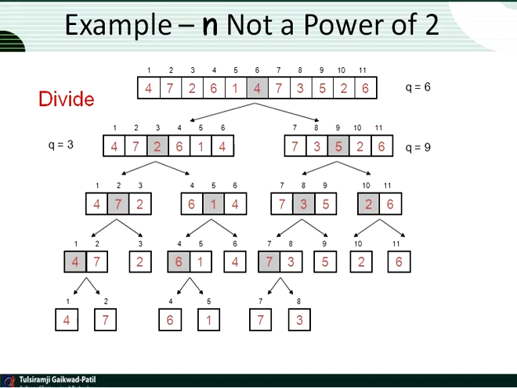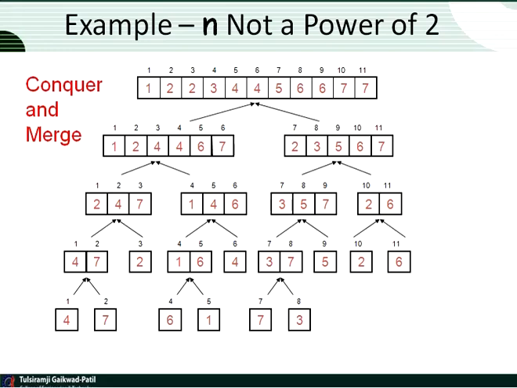So it is like this, and then we are now going to compare 4 and 7, then 2, and so on to get a complete list, in a complete reverse manner. From bottom to up we are going to get the complete final conquer and merge. Divide and conquer by using merge sort is simply like this.